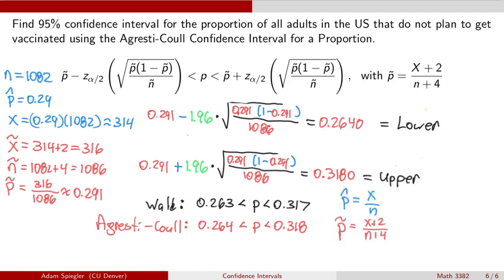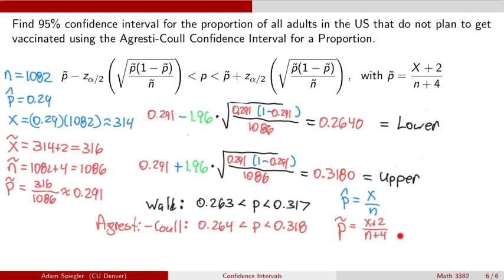And in case you're wondering, why is the Agresti-Coull more accurate than the Wald confidence interval? These are two different estimators for the population proportion that we're plugging in to calculate the standard error and to give our point estimate. And this estimator is an unbiased estimator. This estimator, I lost a plus here, is actually a little bit biased, but it's more efficient.